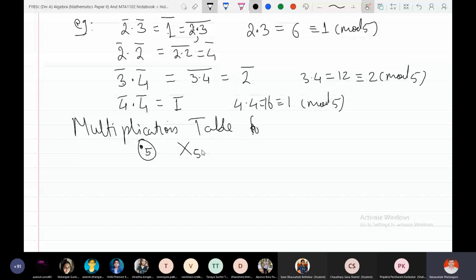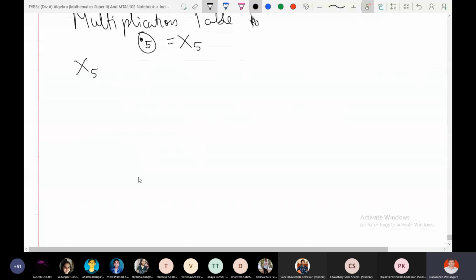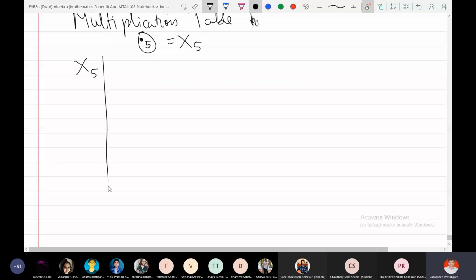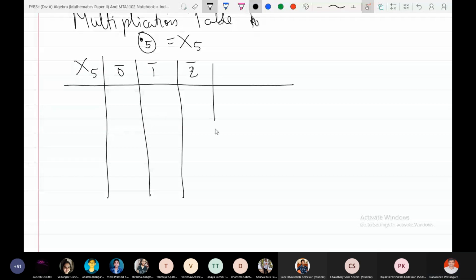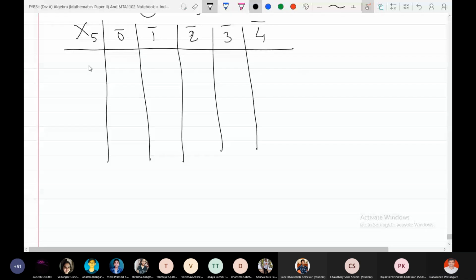You can write down all possible multiplications: 0 bar, 1 bar, 2 bar, 3 bar, 4 bar along the row, and 0 bar, 1 bar, 2 bar, 3 bar, and 4 bar along the column.